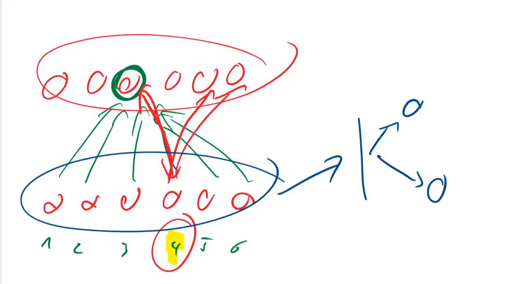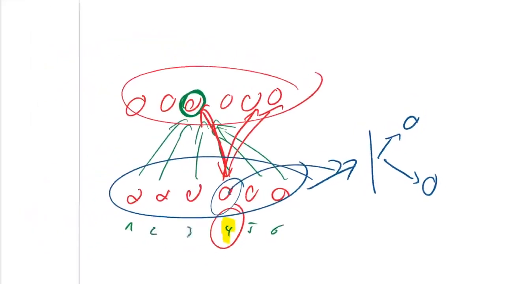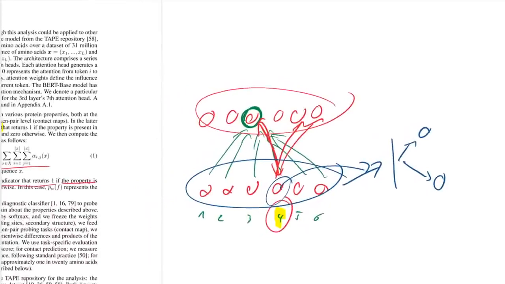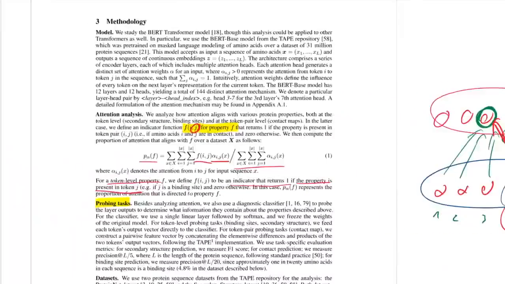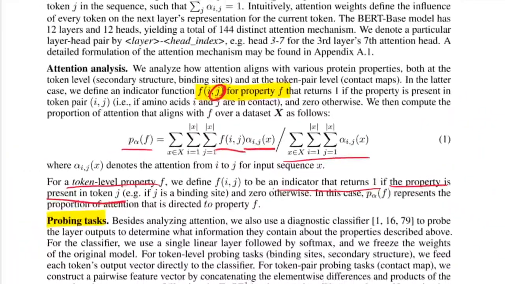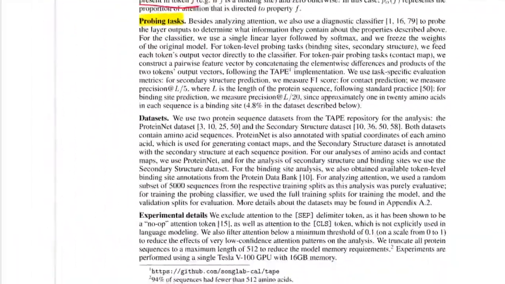Is a given amino acid a binding site or not? Is a given pair a contact or not? So this is kind of a linear probe, but it takes a backseat in this paper. The analysis is really on the attention heads and what the attention heads learn.